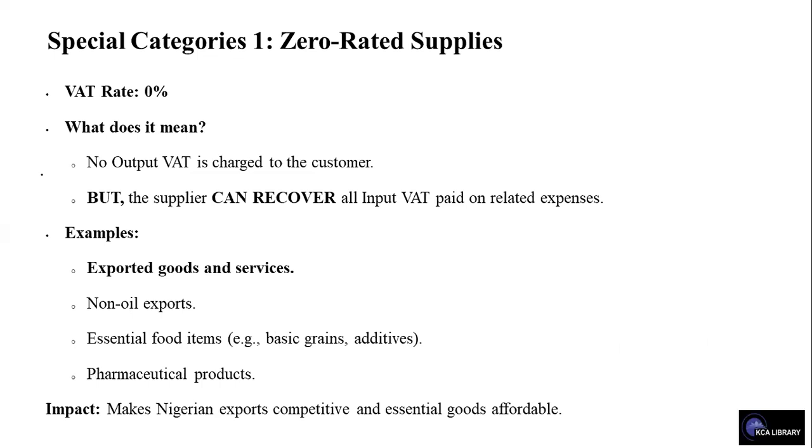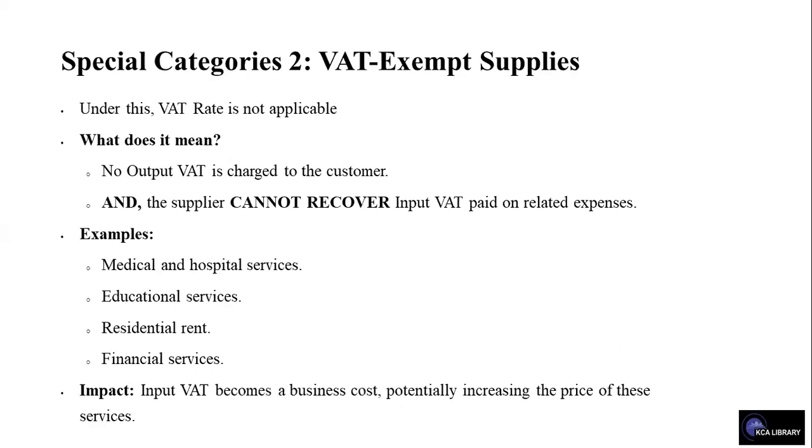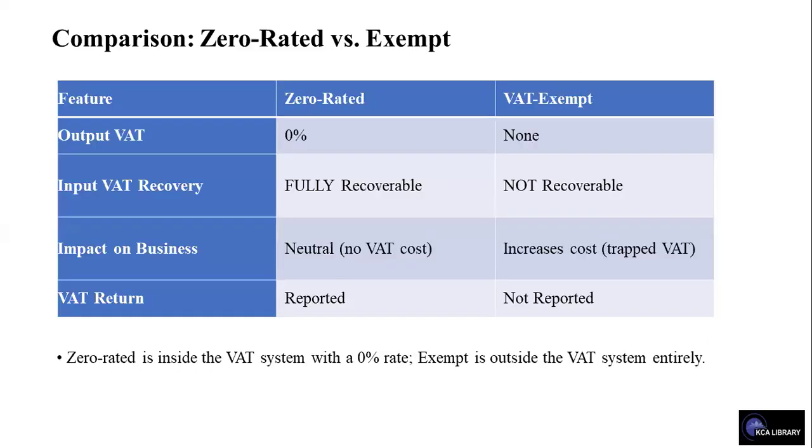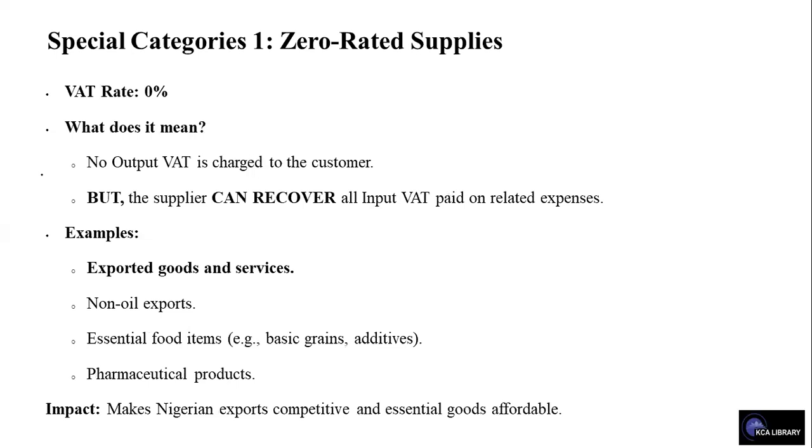We have VAT categorized into zero-rated supplies, and we also have VAT-exempt supplies. When we talk about zero-rated supplies, it's a VAT rate of 0%, and it means that no output VAT is charged to the customer.